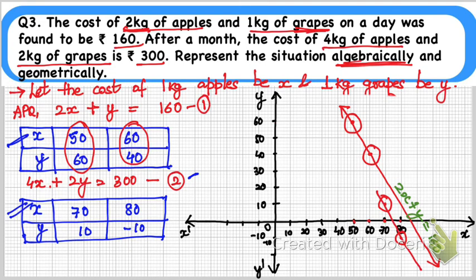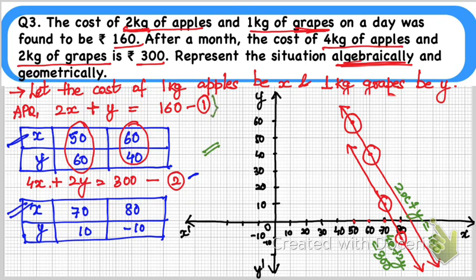So joining the points like this. Okay, so this is the line for the equation 4x plus 2y is equal to 300, right? So this is how the geometrical representation for this particular situation would look.